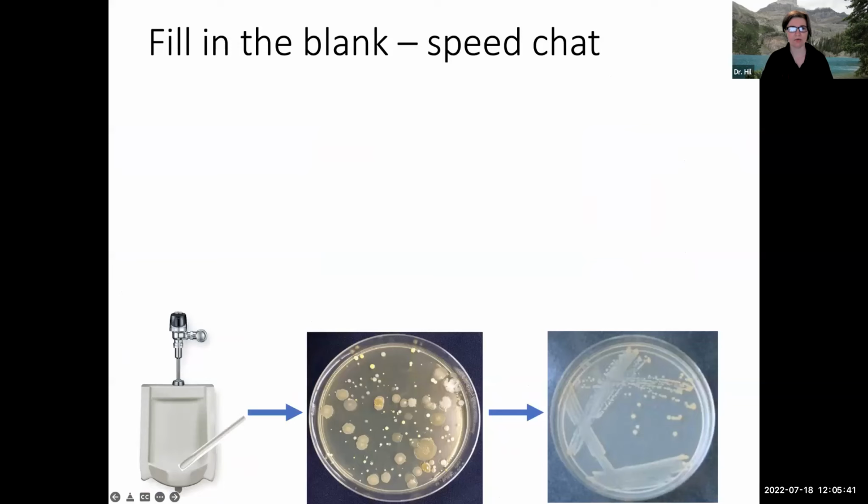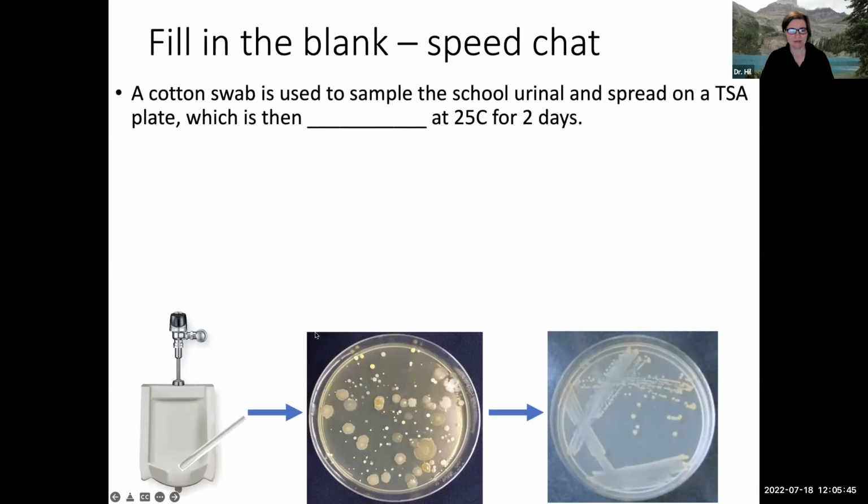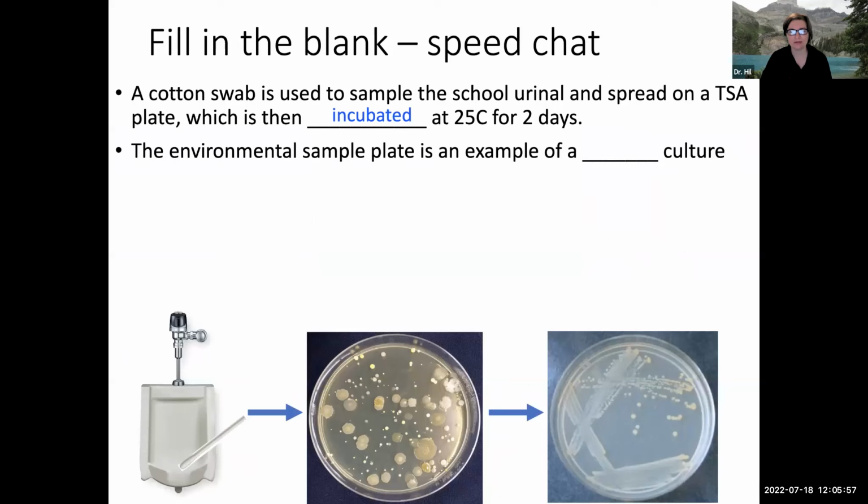Okay, now we're going to do a really quick fill in the blank. A cotton swab is used to sample the school urinals, spread on a TSA plate, which is then incubated at 25 degrees for 2 days. Incubated. The environmental sample plate here is an example of a mixed culture.